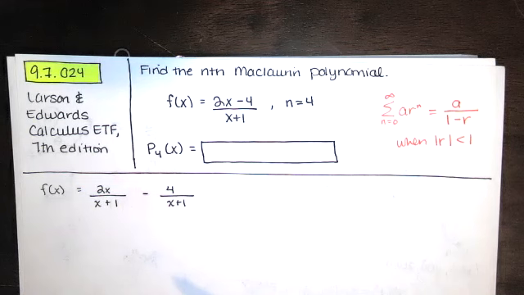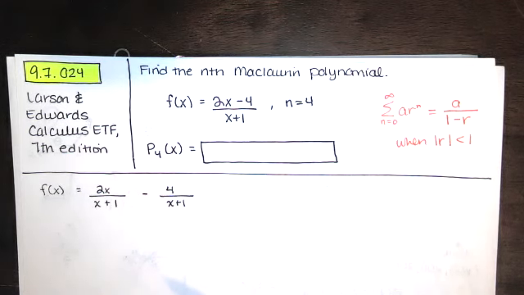Now, if you're saying to yourself, why is that a Maclaurin series or a Taylor series rather than just a power series? What's the difference? Remember, all Taylor and Maclaurin series are power series, but not all power series are Taylor and Maclaurin series.